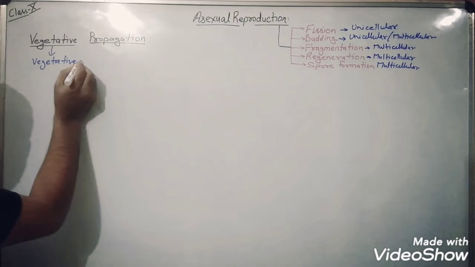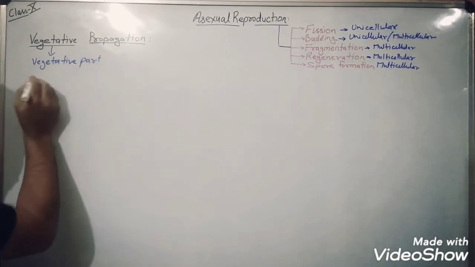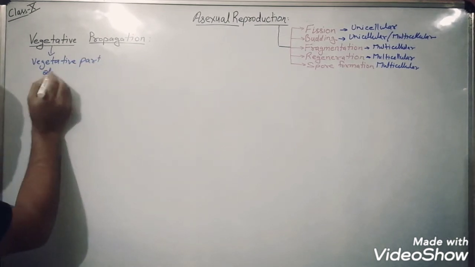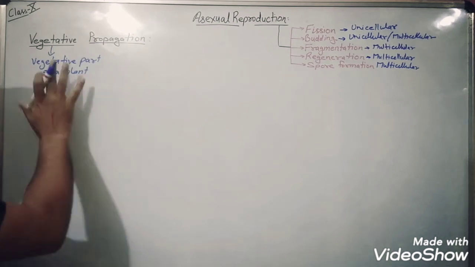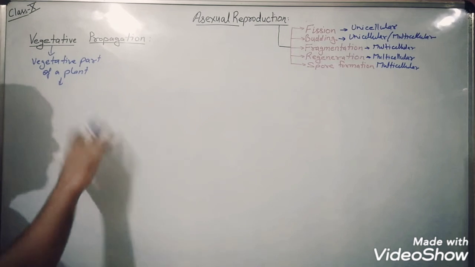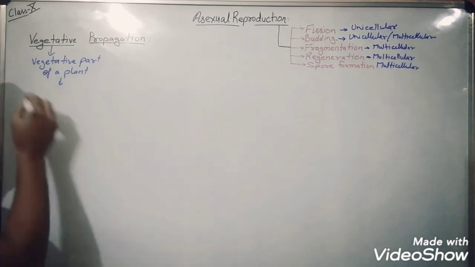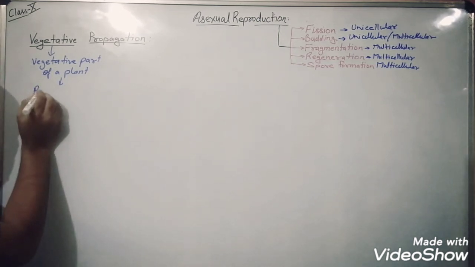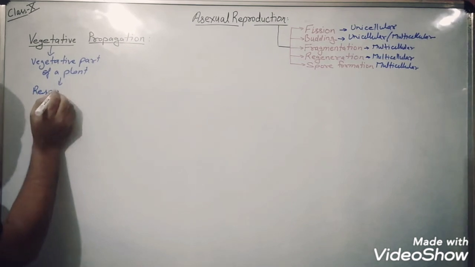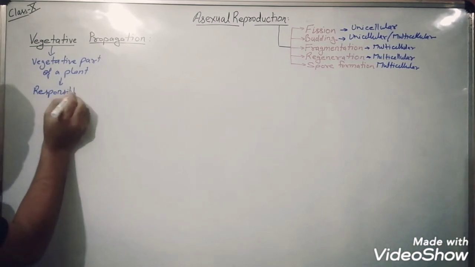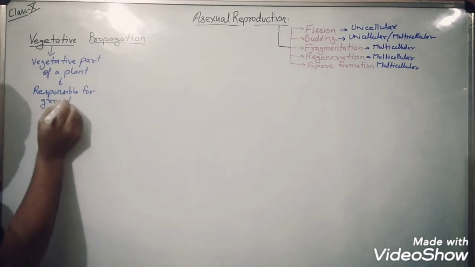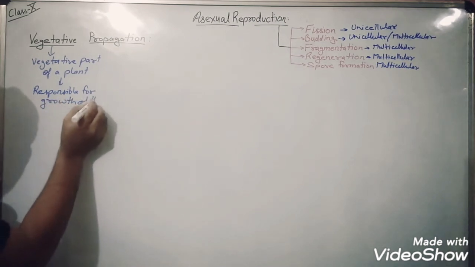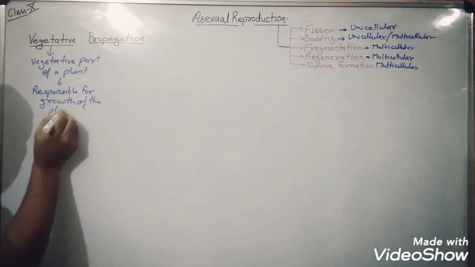So what do we mean by the vegetative part of a plant? The vegetative part of a plant is the part that is responsible for growth of the plant.